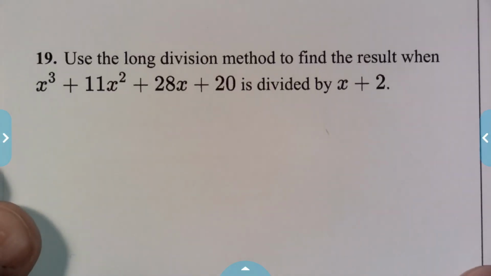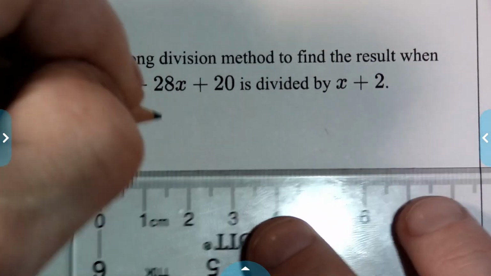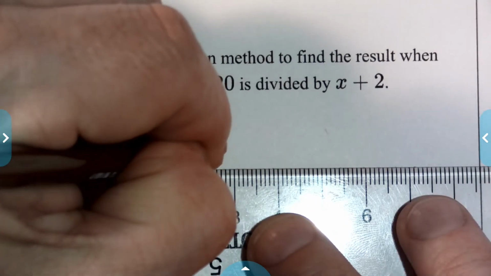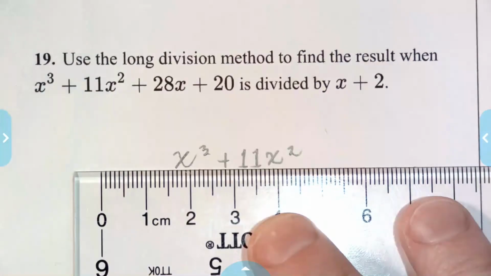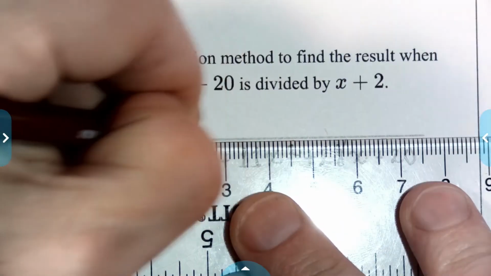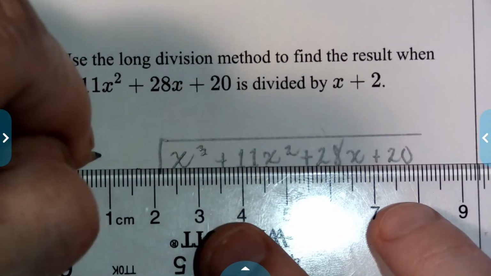Oh, so now we're doing long polynomial division again. All right. So in that case, we're going to need to write the dividend x cubed plus 11x squared plus 28x plus 20 divided by x plus 2.